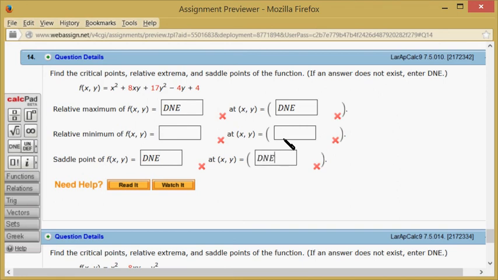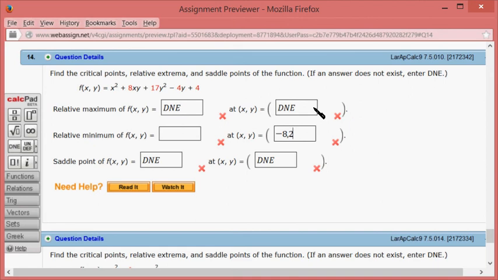Then relative minimum is the one we're looking for, and we didn't compute this value yet, but we know that this critical point would be -8, comma 2.